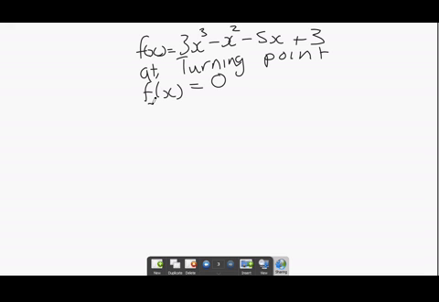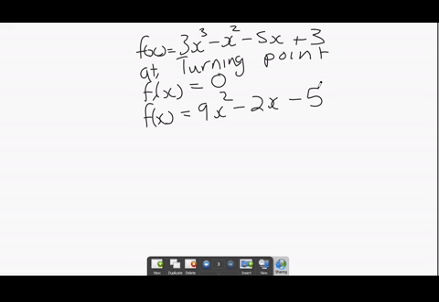So f prime of x, remember our differentiation, is going to be equal to 9x squared minus 2x minus 5. So that's now our f prime of x.